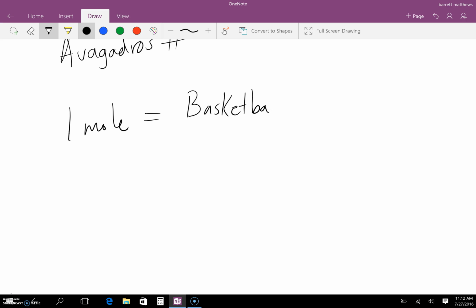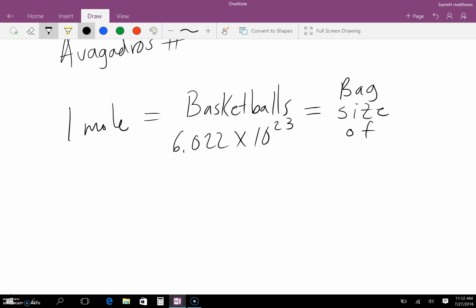If I had 1 mole of basketballs, how many basketballs would I have? 6.022 times 10 to the 23rd. How big would this be? How big of a bag would you need to put this many basketballs in? You would need a bag the size of the Earth.